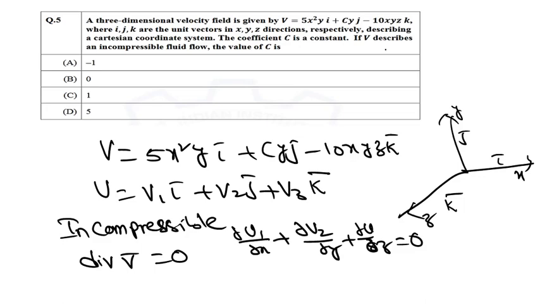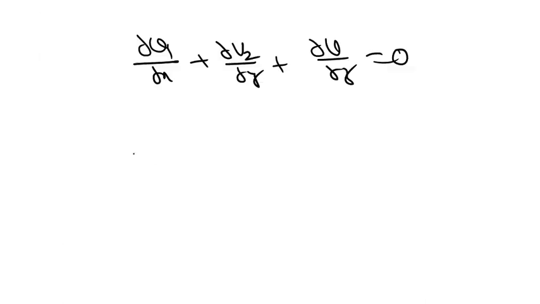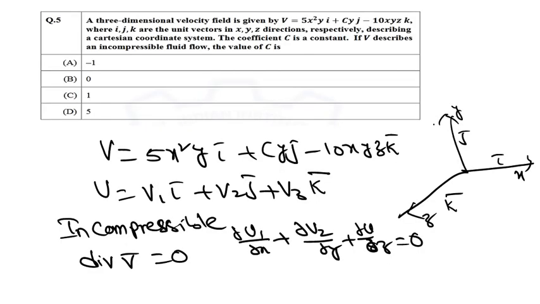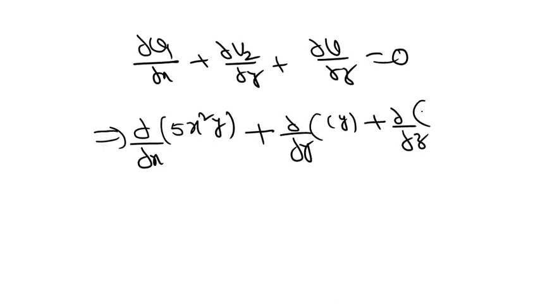Here V1 is 5x squared y, so dou by dou x of 5x squared y, plus dou by dou y of the coefficient of j, c y, plus dou by dou z of the coefficient of k, minus 10xyz, equal to 0.